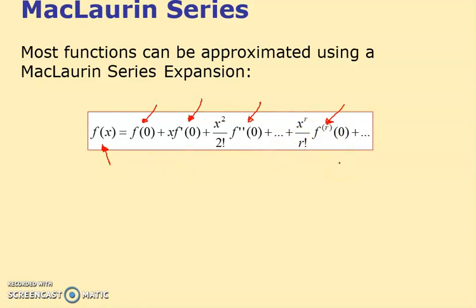Usually they say you have to do it for 3 terms or 4 terms or something. So we are going to have to differentiate our function and keep differentiating our function and keep subbing 0 into the answer. And notice you then times it by either x, or x squared over 2 factorial, or x cubed over 3 factorial, x to the 4 over 4 factorial.